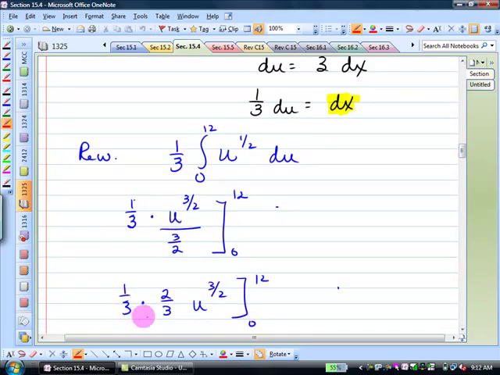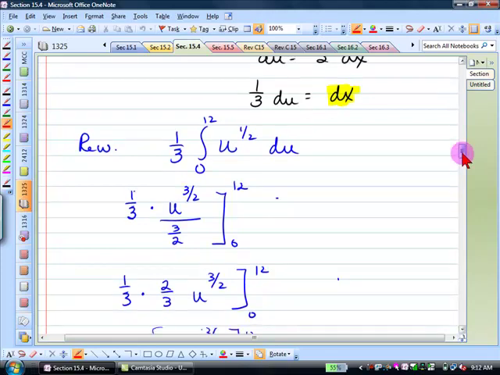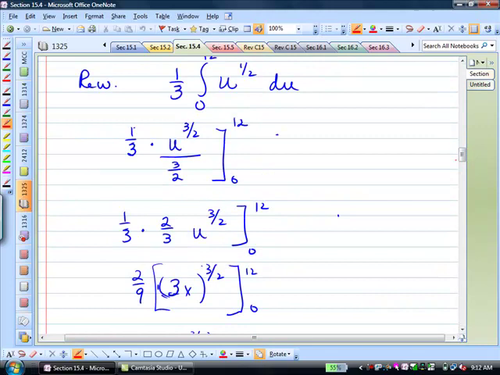So I have 1/3 times 2/3 u to the 3/2 evaluated from 0 to 12. I have 2/9. That came from multiplying here. That became that. And then I substituted back in what u was. It was 3x to the 3/2.